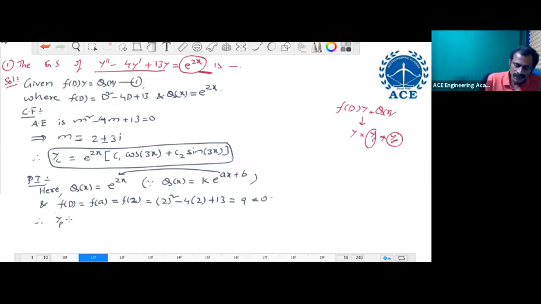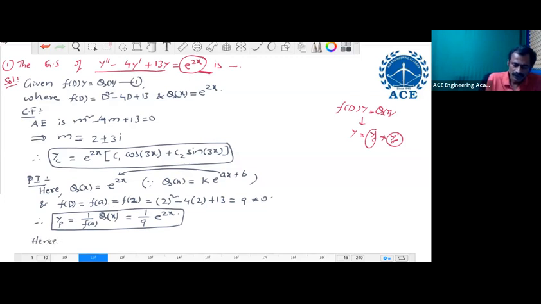Therefore, yp equals 1 by f of a of q of x. 1 by 9 into q of x, which is e power 2x. This is yp. So we have both yc and yp. If we combine both, that will give the complete solution of the differential equation, or the general solution of the differential equation. The general solution is also called the complete solution.